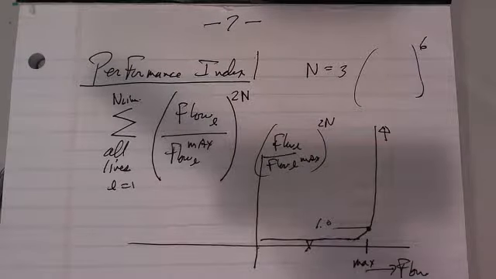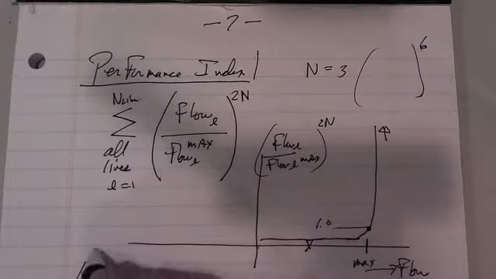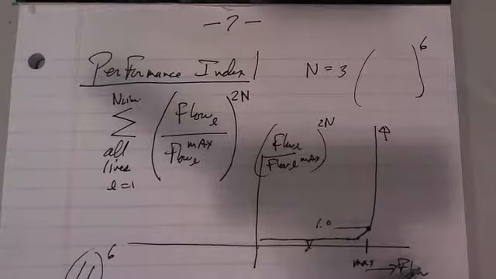So if it's 1.1 to the 6th power, it's just 10% overloaded. I can take my calculator and say, 1.1 times 1.1 times 1.1, and so on, to the sixth power.